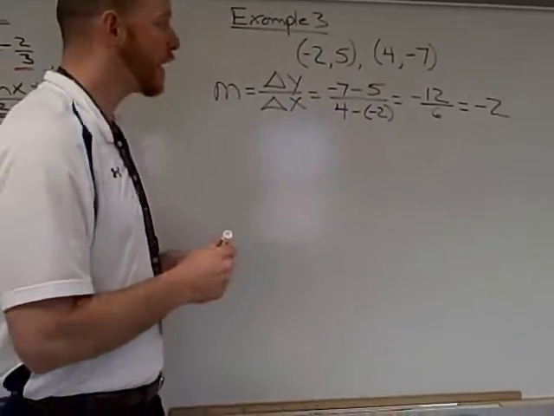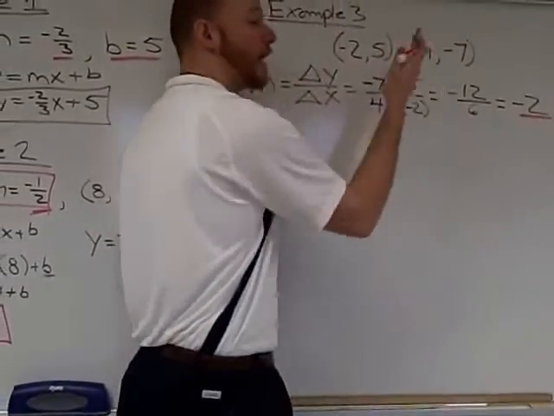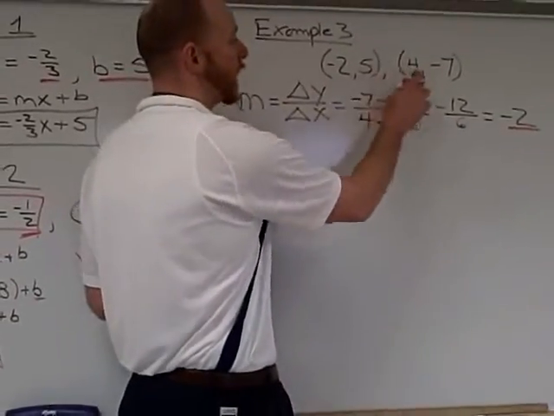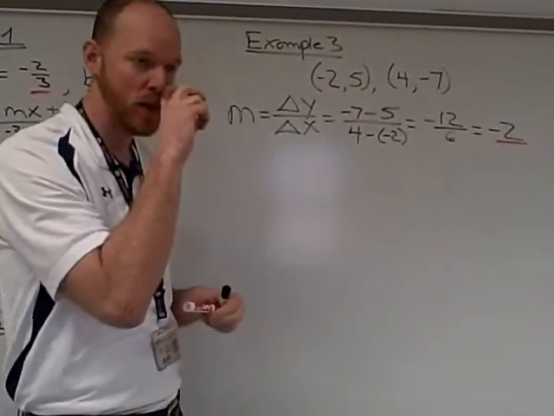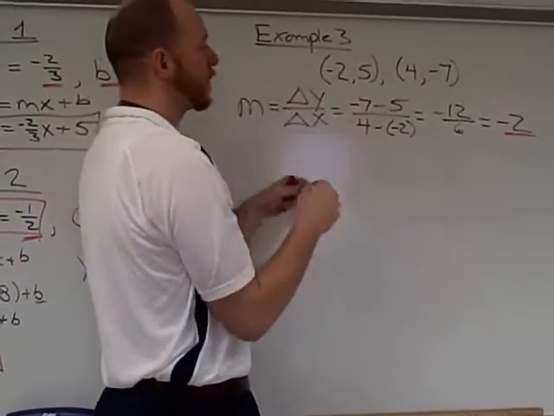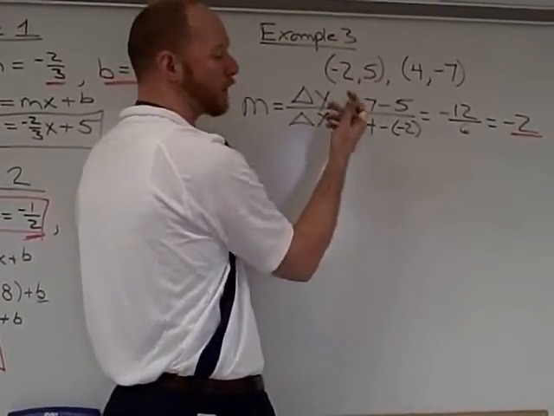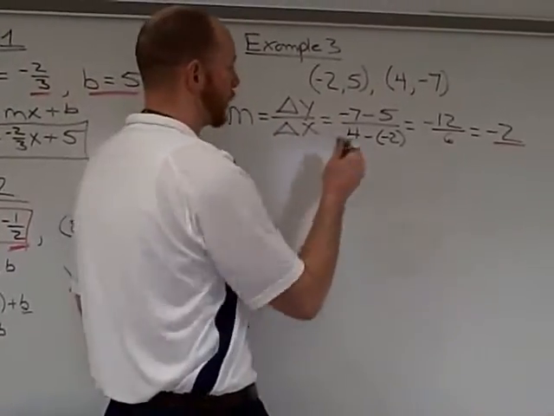Keeping in mind that in order to come up with the equation of the line, I need to know the slope and a point, I can pick either of these points, and they both would give me the same exact equation. Upon looking at it, they both have a negative, but these two are a little bit smaller, so I'm going to select this point.